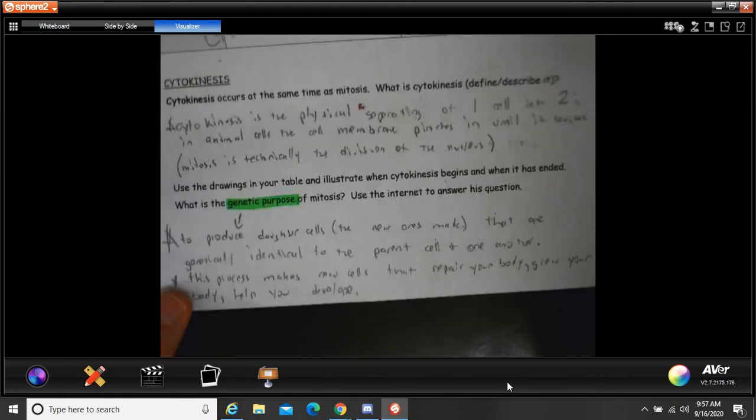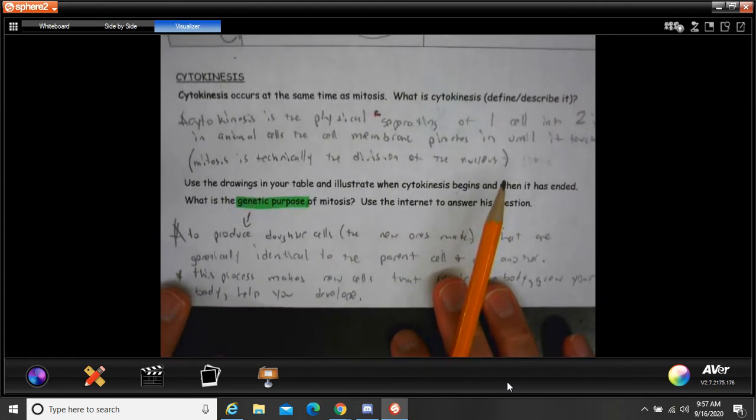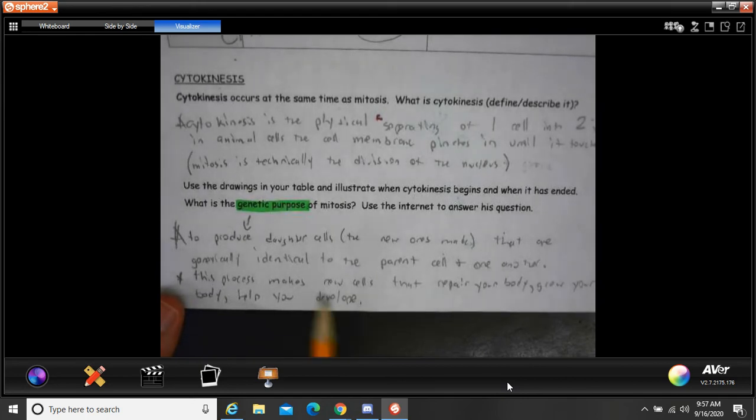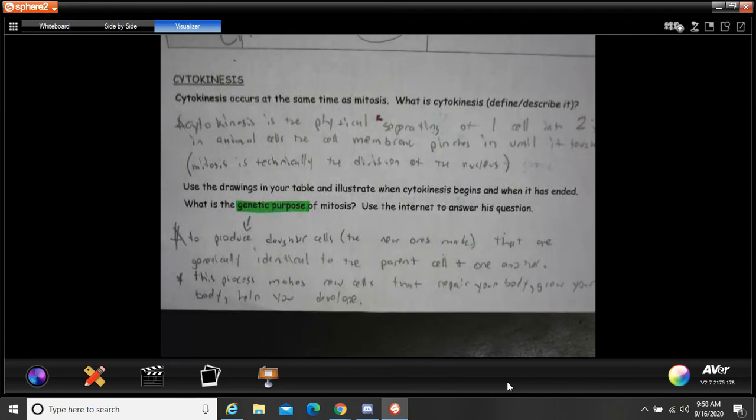Now, the significance or the genetic purpose of having this process, the reasoning for talking about genetically identical, is that the purpose of mitosis is to repair your body. So if you get a wound or an injury, your body makes new cells to fix it. And those new cells, which are repairing your body, are made by mitosis.